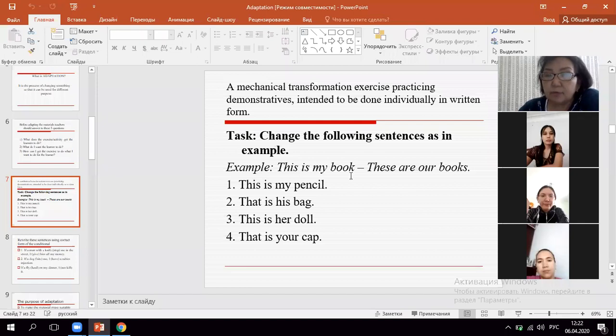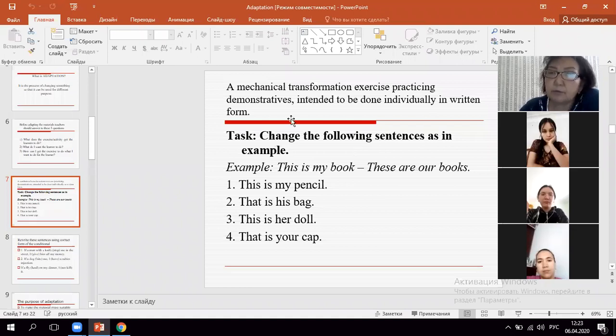This is my book, and these are our books. This kind of exercise is usually called a mechanical transformation exercise. So in this case, this mechanical transformation exercise is practicing demonstratives. And it is intended to be done individually in written form.